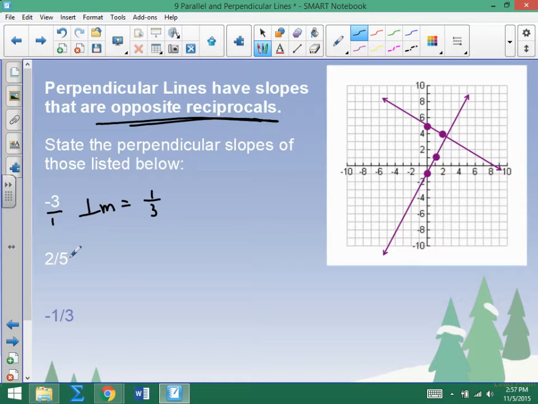If the slope is 2/5, the perpendicular slope would be, well, flip your numbers and take the opposite sign, so -5/2. Lastly, -1/3 becomes positive 3/1, or just 3.